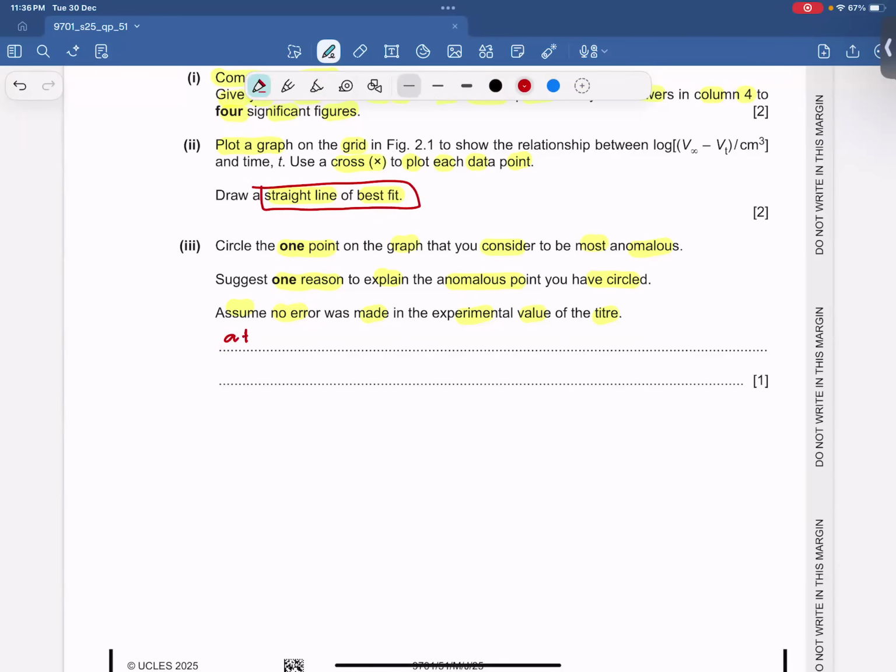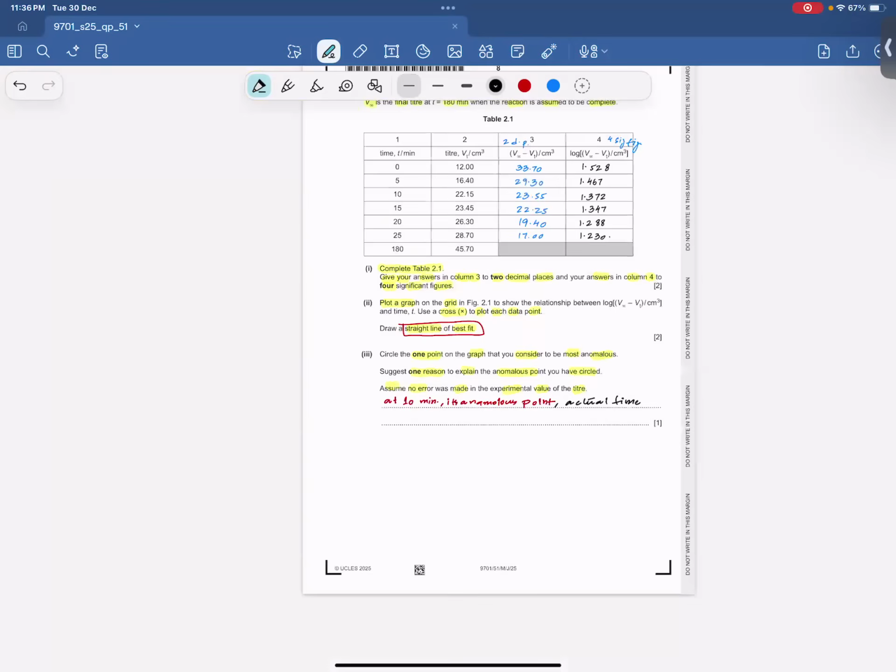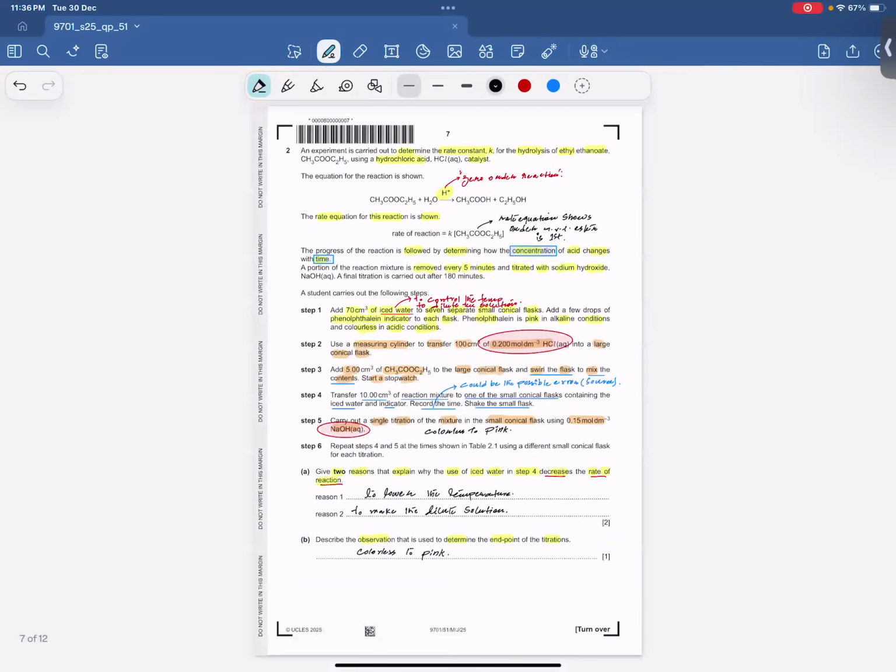At 10 minutes, it's an anomalous point, and the reason for this anomalous point is that the actual time, my bad, look, this was the source of error, record the time in step 4.